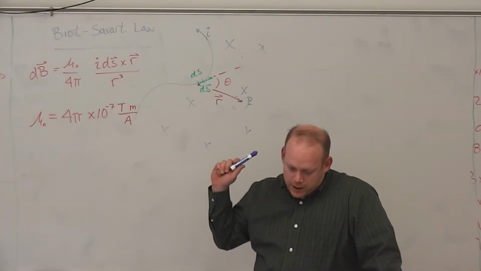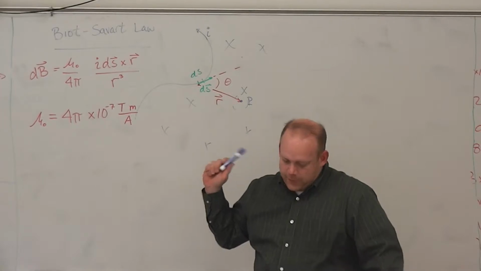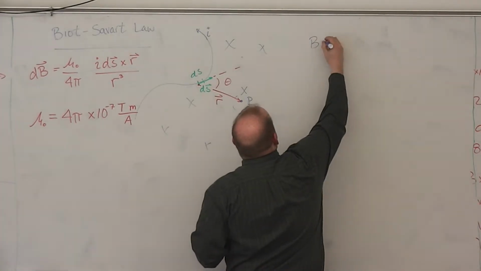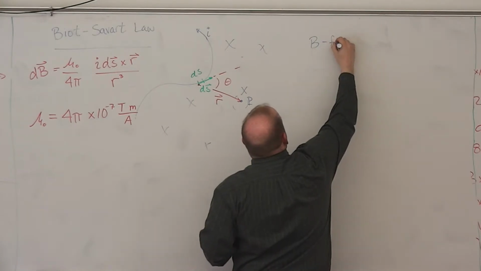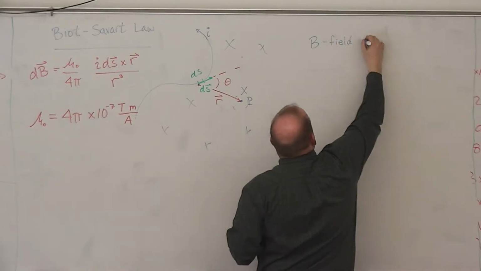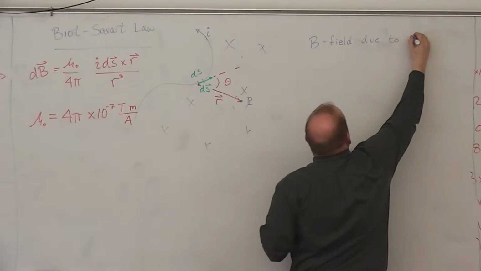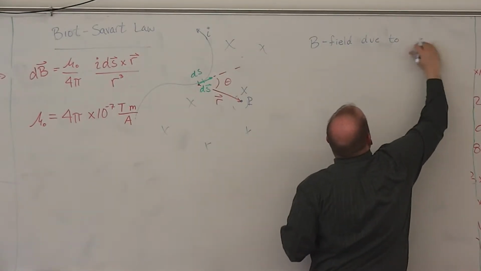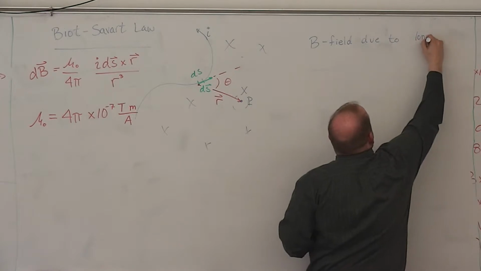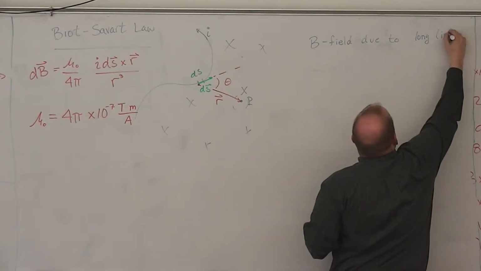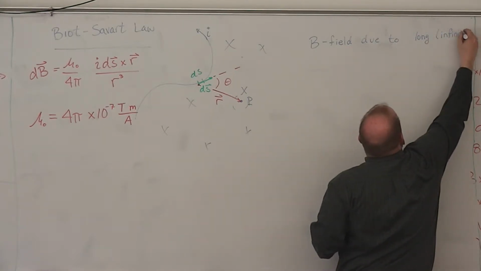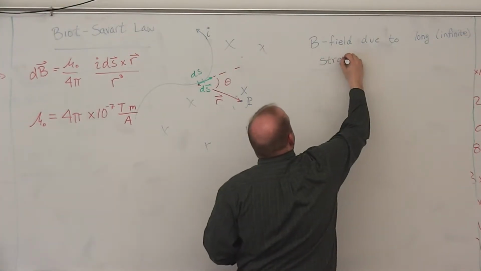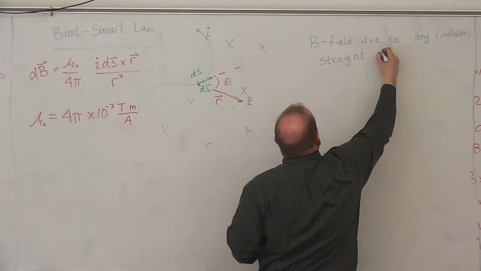But anyway, we have the magnetic field due to a long straight wire. Let's just say long, which we write in parentheses infinite, straight wire.